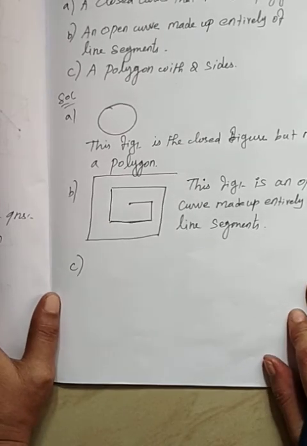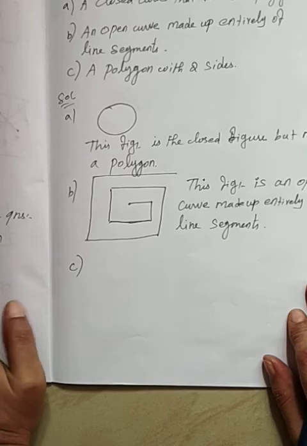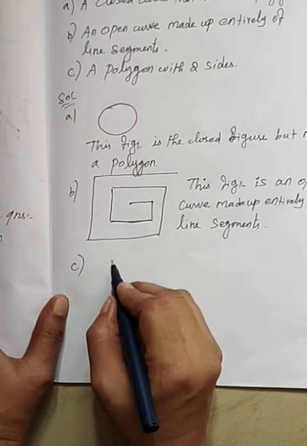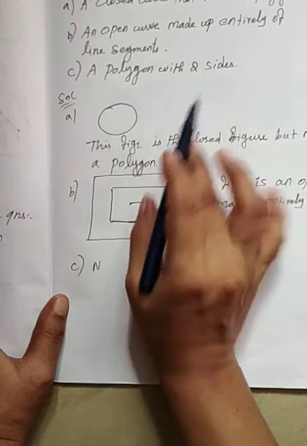See the third one, a polygon with two sides. No, it's not possible, as a polygon having the least number of sides is a triangle, which has three sides. Okay, minimum three sides you need to draw a polygon. But your question is a polygon with two sides.